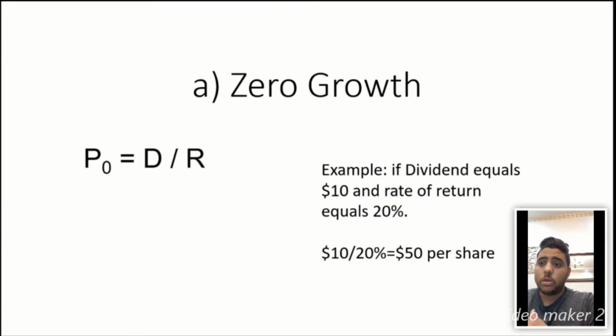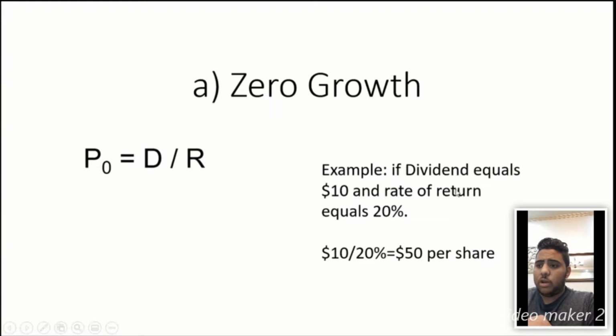There are four types. Zero growth, I think, is the easiest. The equation you see is P0, which is the price this year, equals D over R, which is dividend over rate of return.